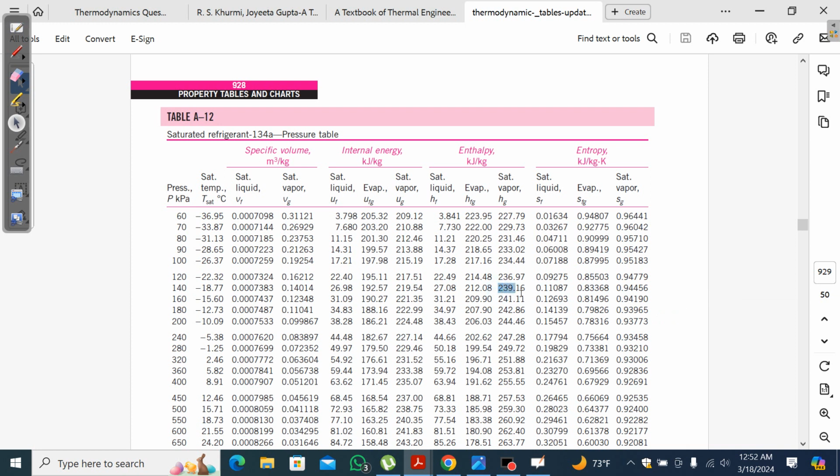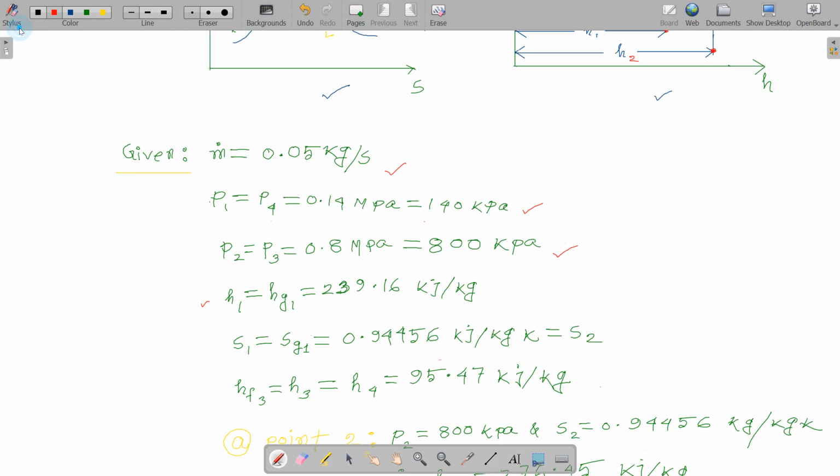Alright, this is the vapor enthalpy of point 1, that means the total enthalpy of point 1, H1. So H1 will be 239.16. Alright, 239.16, and it is H1.